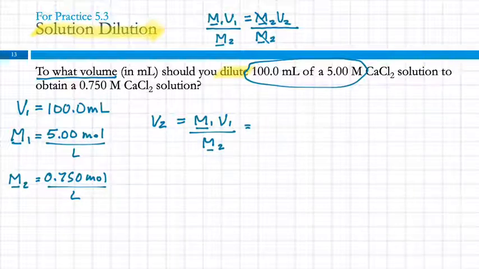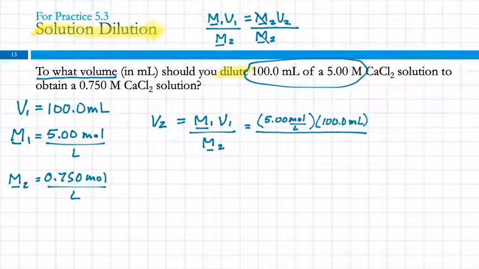So I'm going to plug my numbers in with their units. So molarity 1 is 5.00 moles per liter. And volume 1 is 100 milliliters. And then molarity 2 is 0.750 moles per liter.